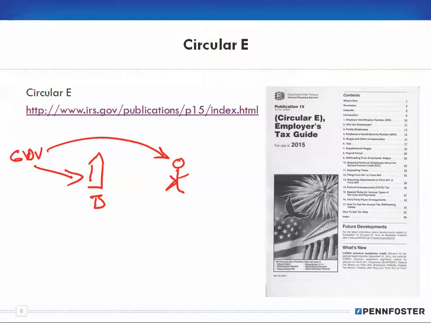So in going to Mr. Business, they've created the Circular E, which tells Mr. Business exactly how to calculate the payrolls, and also gives the tax rates for the federal withholding, Social Security, Medicare, things like that. And they send this each and every year to the business.